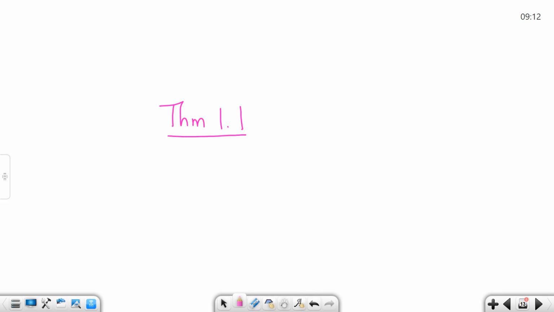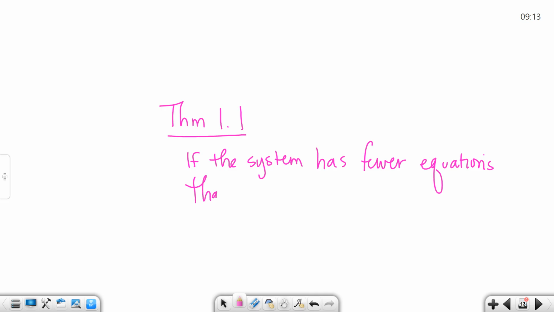And it says, moreover, if the system has fewer equations than variables, then it must have infinitely many solutions.